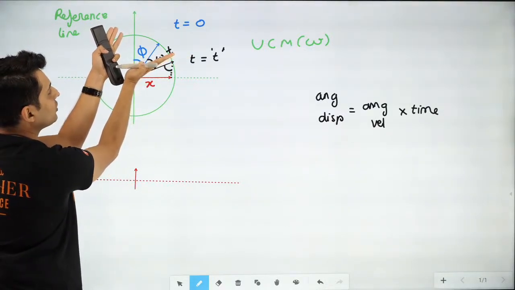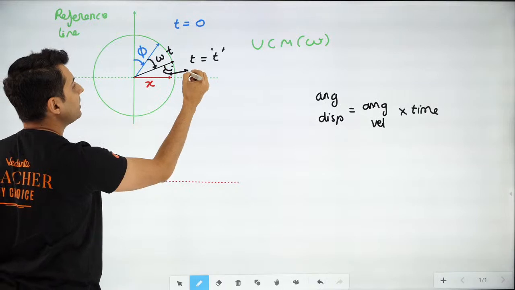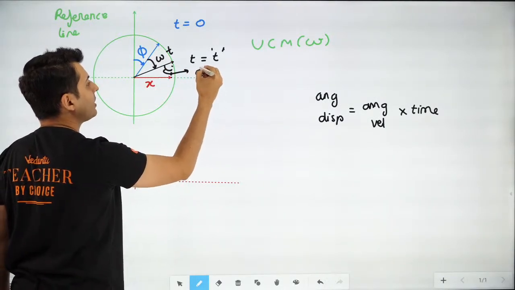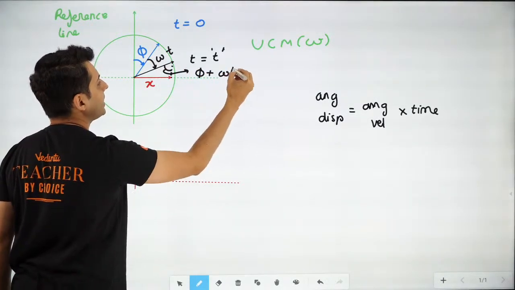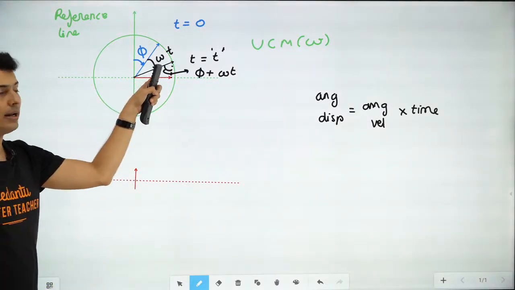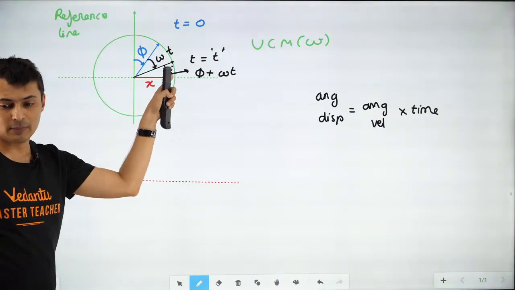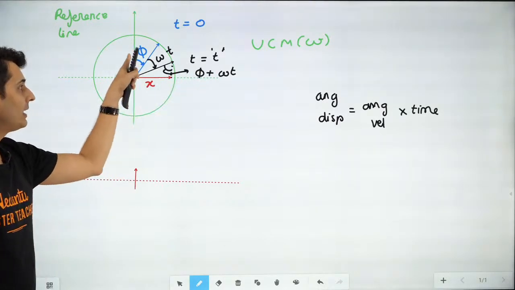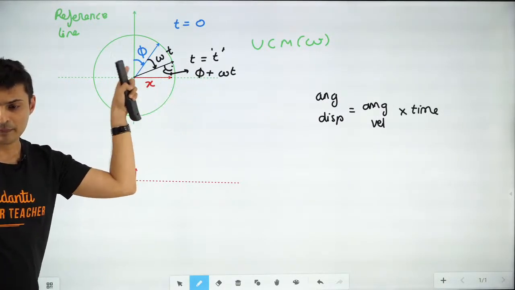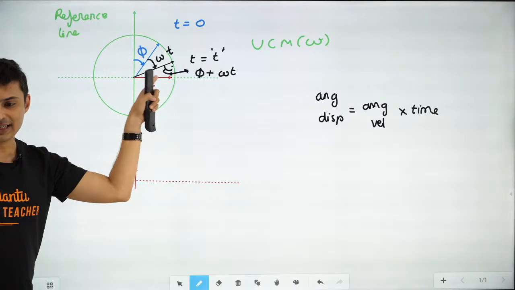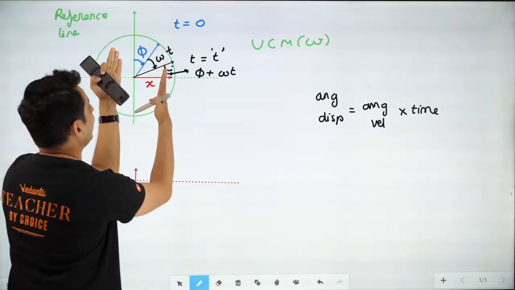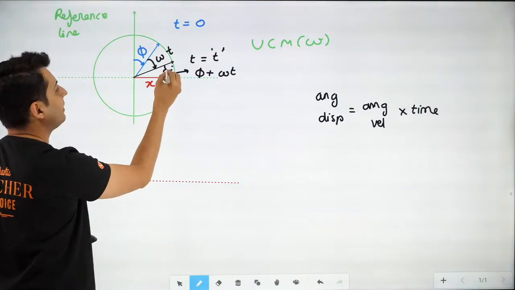So won't this angle also be equal to phi plus omega t? I hope everybody can see that. These are two parallel lines, there is a perpendicular over here.